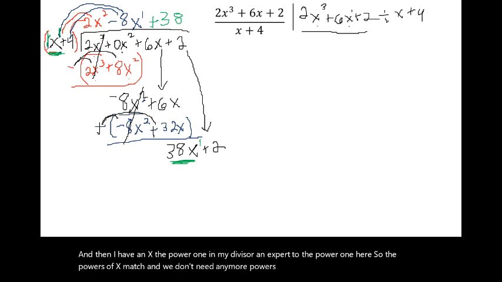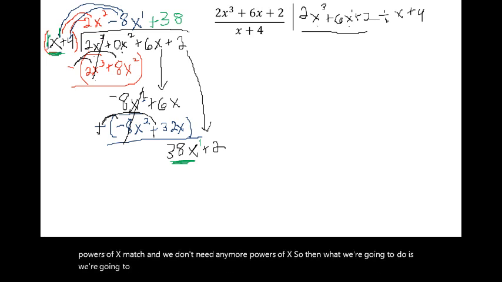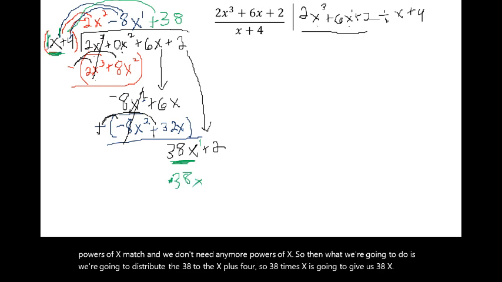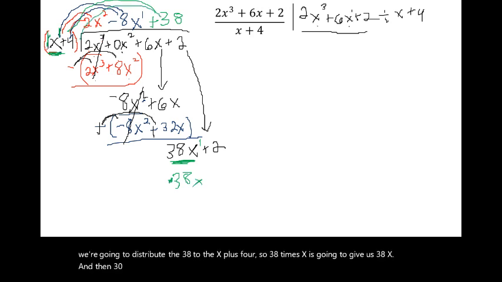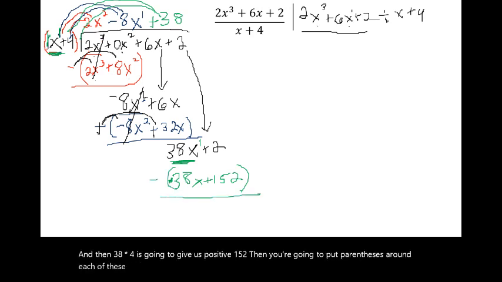So then what we're going to do is we're going to distribute the 38 to the x plus 4. So 38 times x is going to give us 38x. And then 38 times 4 is going to give us positive 152. Then you're going to put parentheses around each of these and subtract them both.